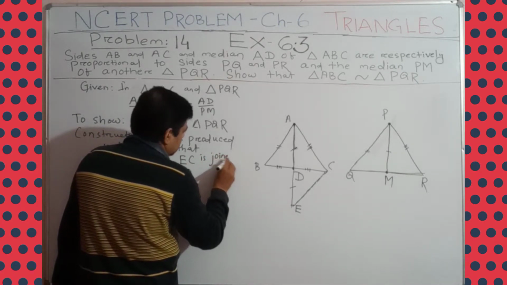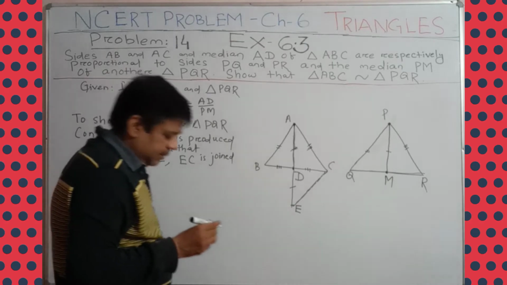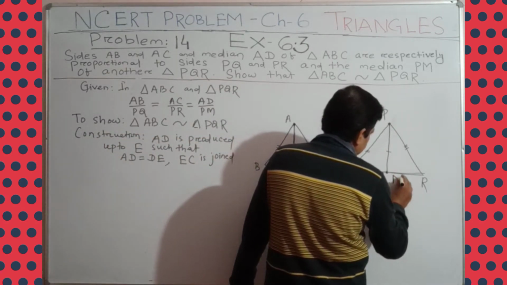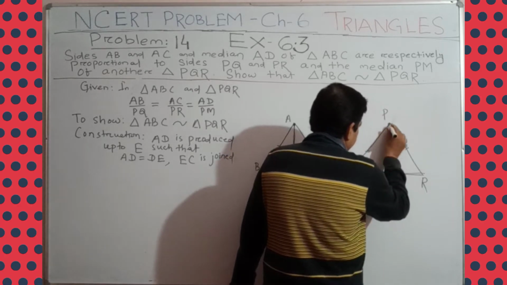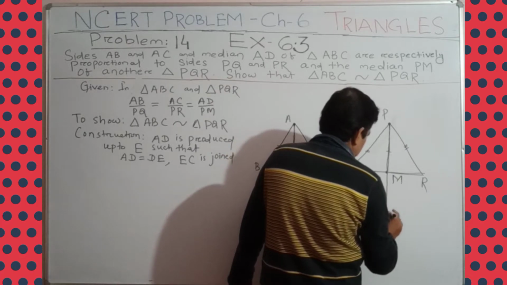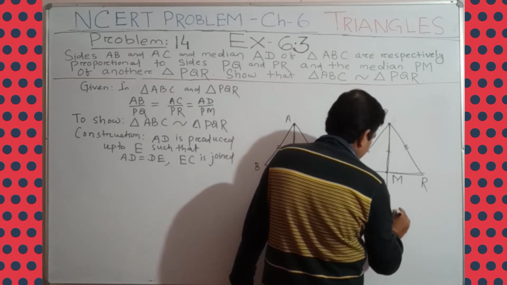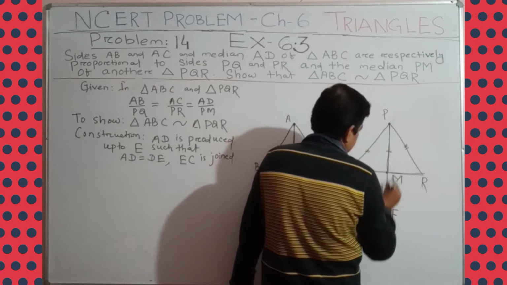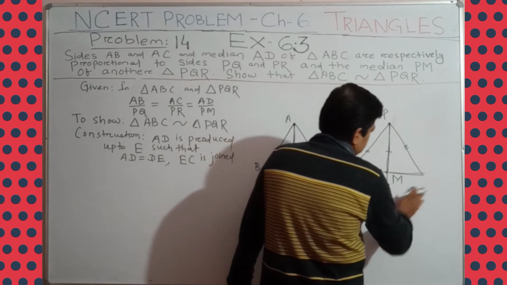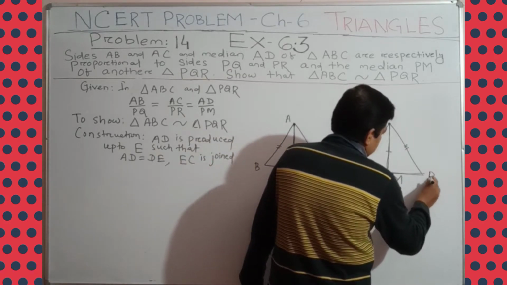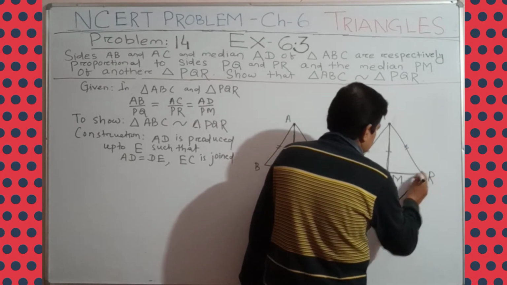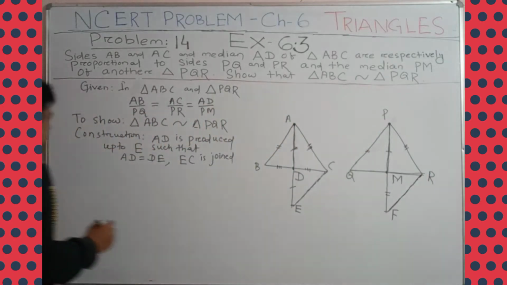Similarly, in triangle PQR, PM is the median and PM is produced up to F, such that PM is equal to MF, and FR is joined. Understand?